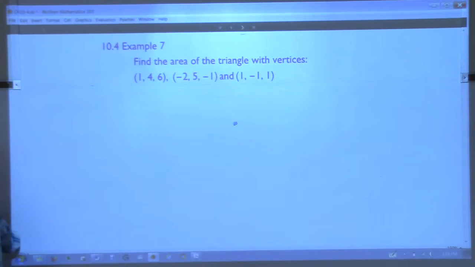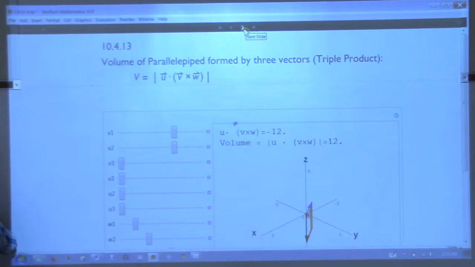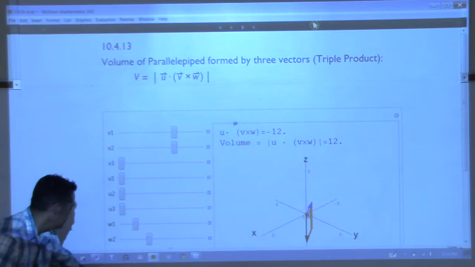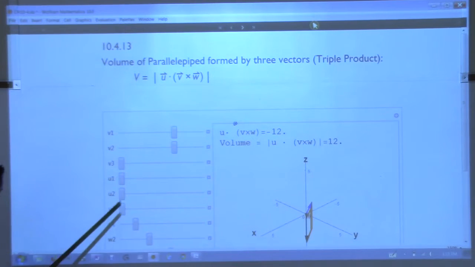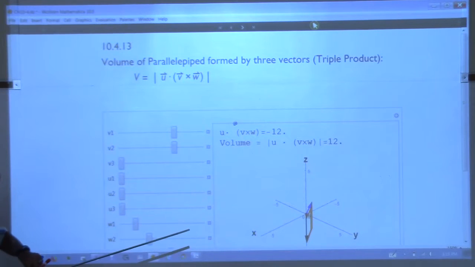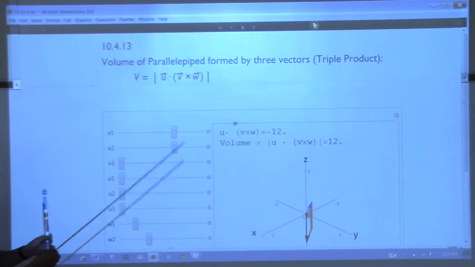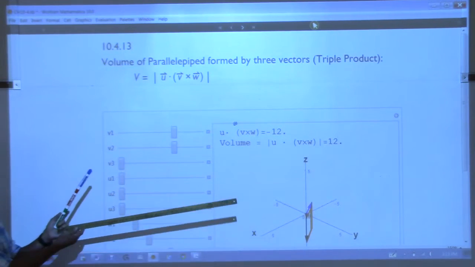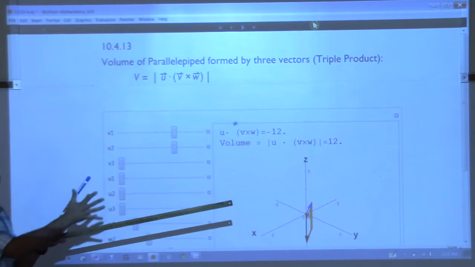All right, we're moving on. What if you have three vectors? So now, this one's hard to show, but let's say we have one vector here. We have another vector here. So I can find the area of the parallelogram of these two, right?